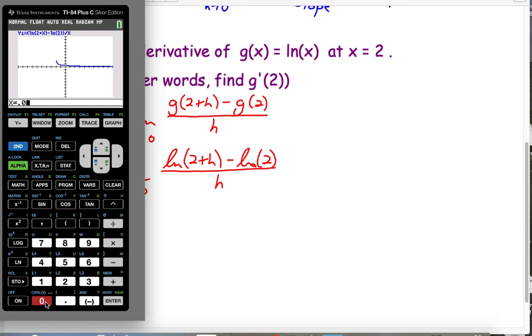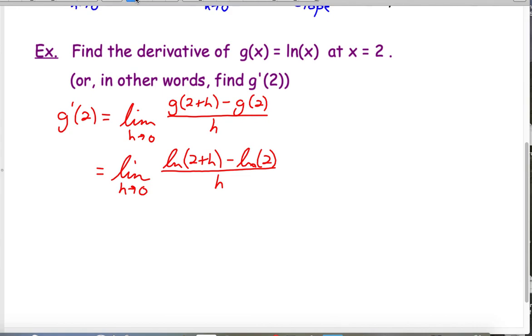How about 0.001? 0.499. It looks like it's going to be about a half, 0.5. I could approach it from the other side of 0, negative 0.00001. And sure enough, a little bit more than 0.5. So I'm guessing that the answer to this is going to be 0.5.